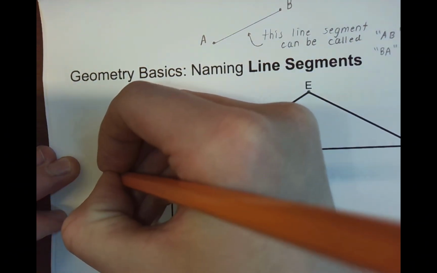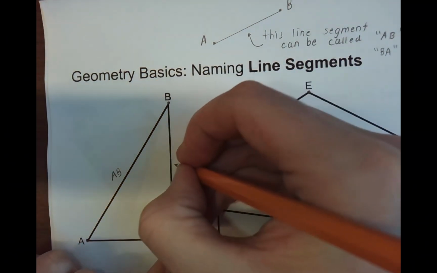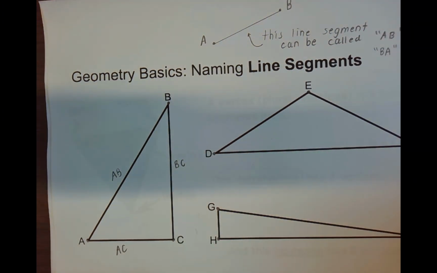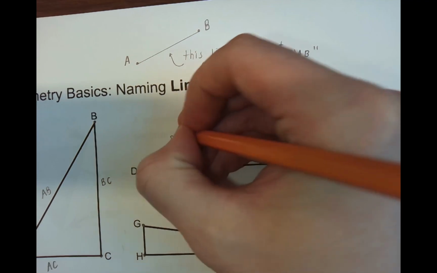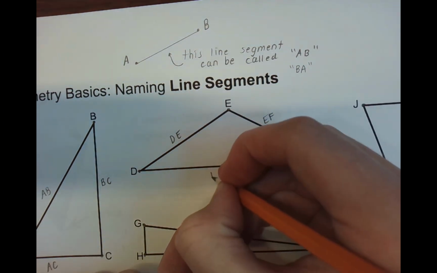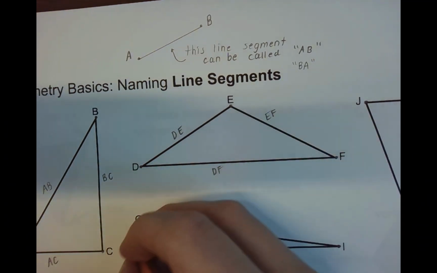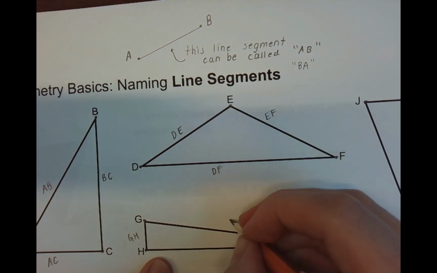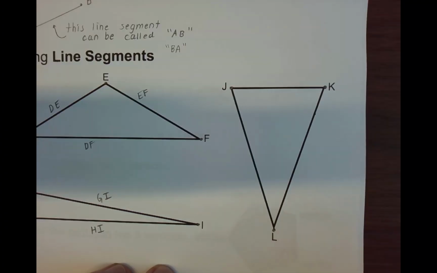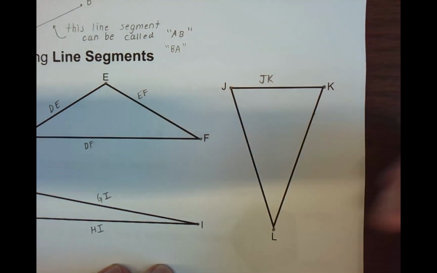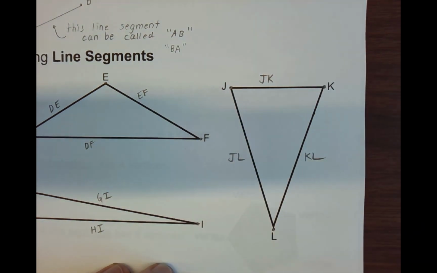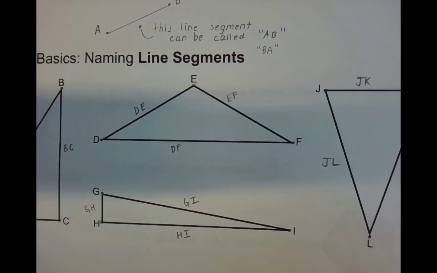So this would be line segment AB, line segment BC, line segment AC, line segment DE, EF, DF, GH, GI, HI. We have line segment JK, JL, KL. So nothing too crazy here.